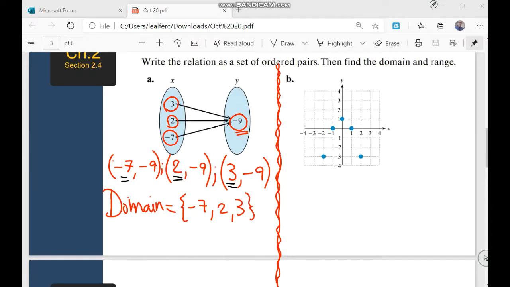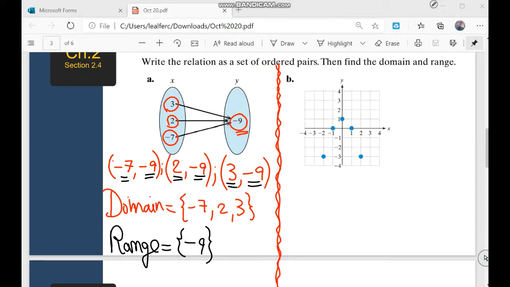And the range is going to be all the y's: -9, -9, and -9. You don't need to repeat, just -9. So in this example, we have the domain, 3 numbers, -7, 2, and 3, and the range, just one number, -9.